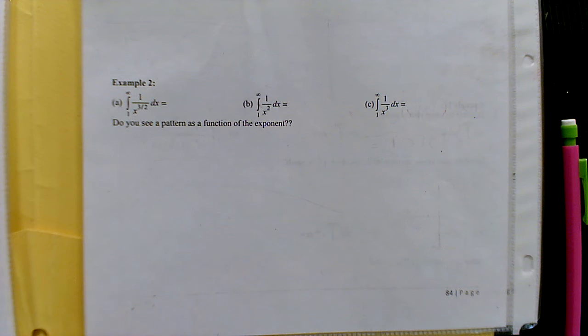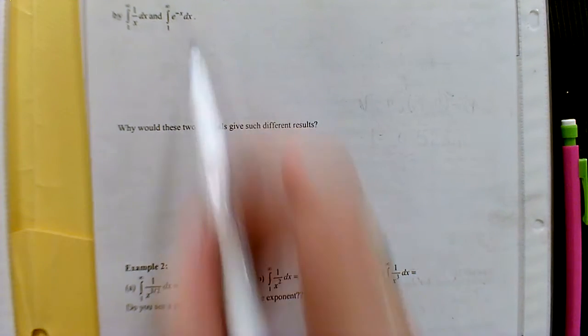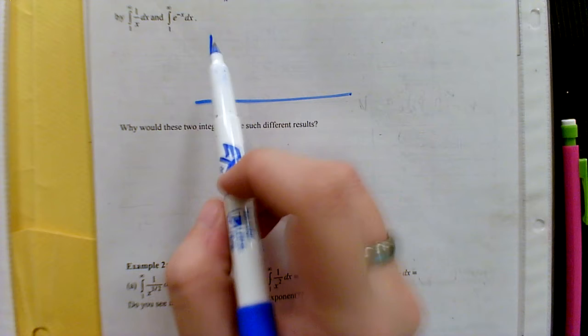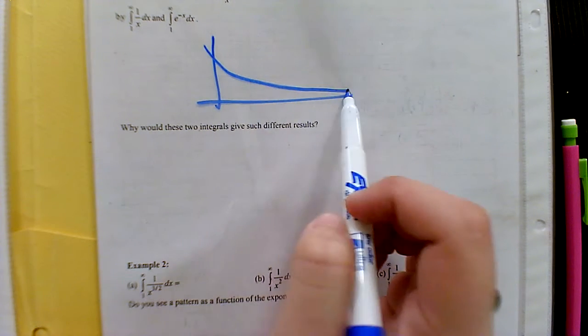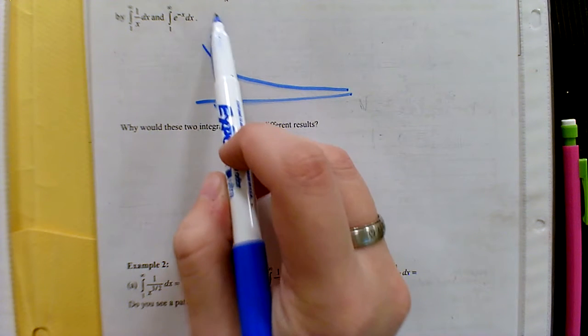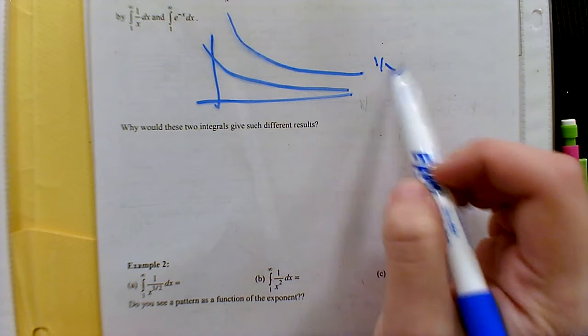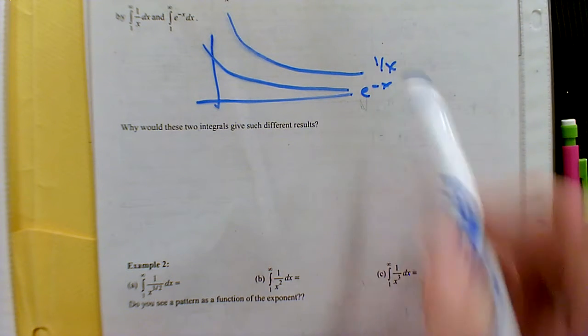Okay, so we are going to be on page 84, but up to this point, if you just look at the top of page 84, we kind of had two graphs we were analyzing. We had the exponential curve and then the rational curve, 1 over x, and then e to the negative x.